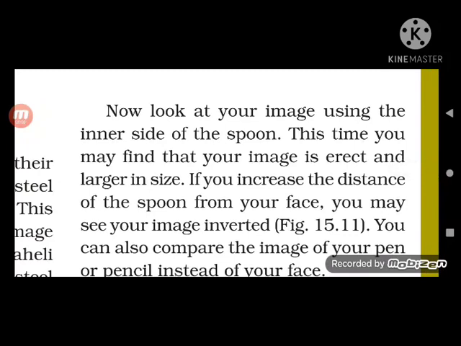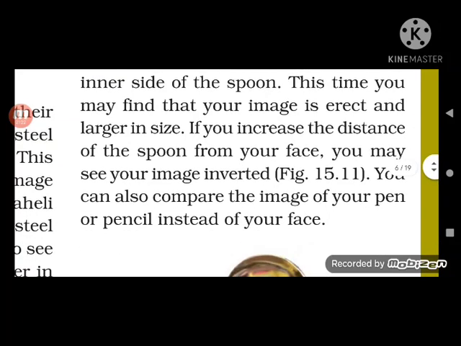Now look at your image using the inner side of the spoon. This time you may find that your image is erect and larger in size. If you increase the distance of the spoon from your face, you may see your image inverted.